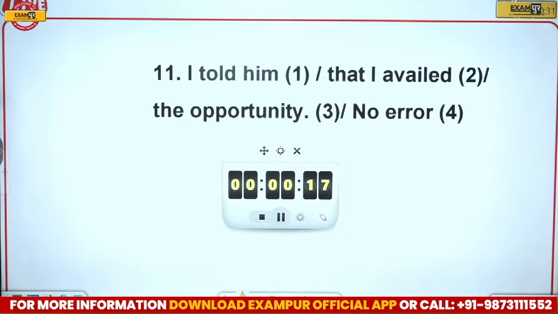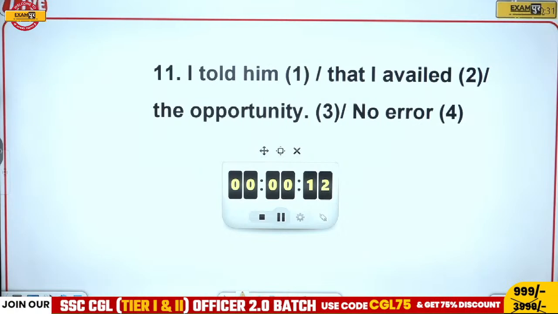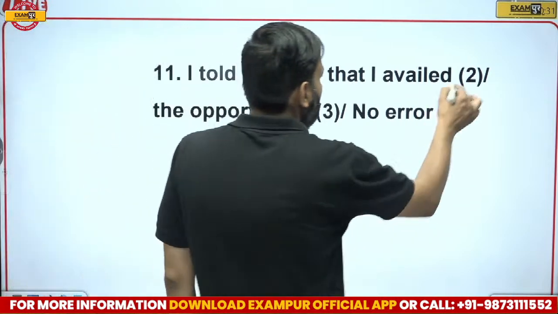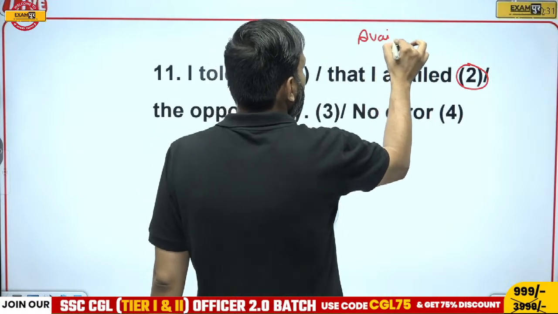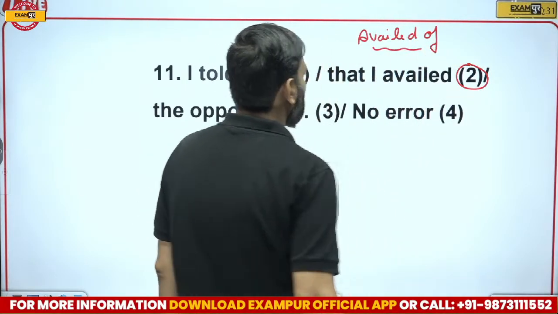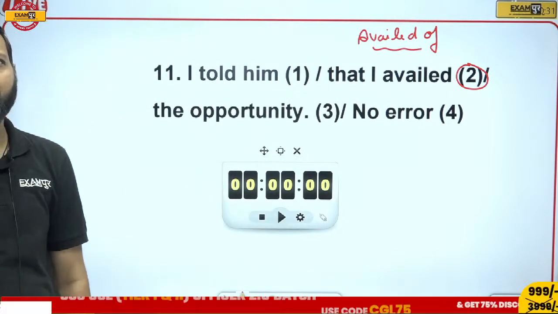I told him that I availed the opportunity. So here the error is in the second part. Okay, availed is always followed by of. Availed of. Okay, I told him that I availed of the opportunity.